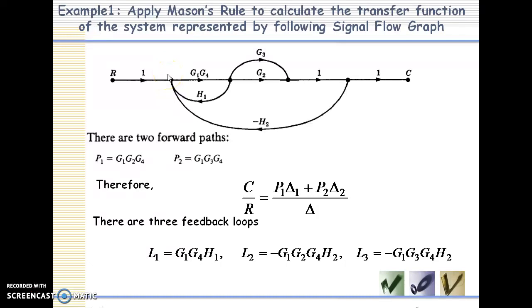The second one is this loop, which is G1, G2, G4 into minus H2, and the final one is G1, G3, G4 into minus H2. So there are three individual loops, and L1, L2, L3 are the loop gains.